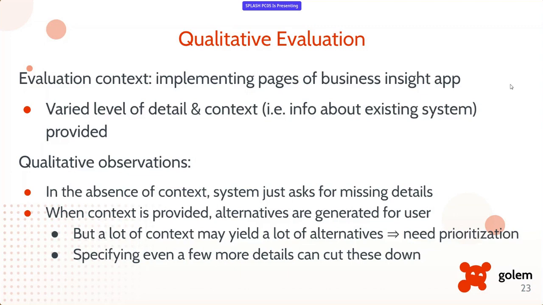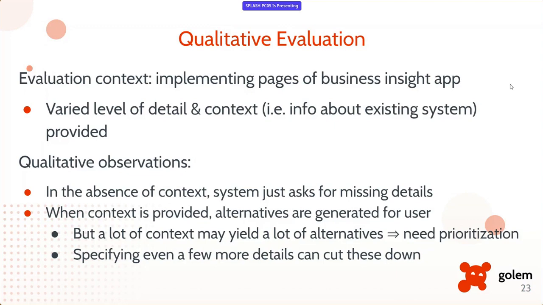What are the pages that something could be displayed on? What kinds of attributes could be shown? One thing we observed, perhaps not surprisingly, is if there's a lot of context, you might get a lot of alternatives.